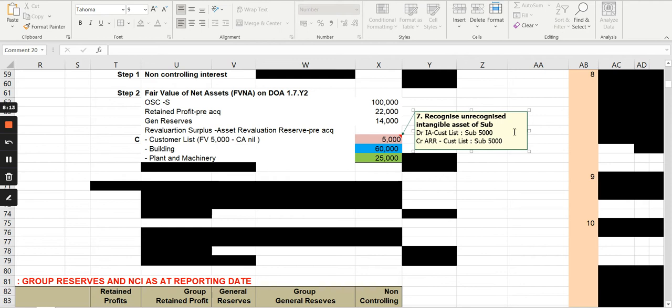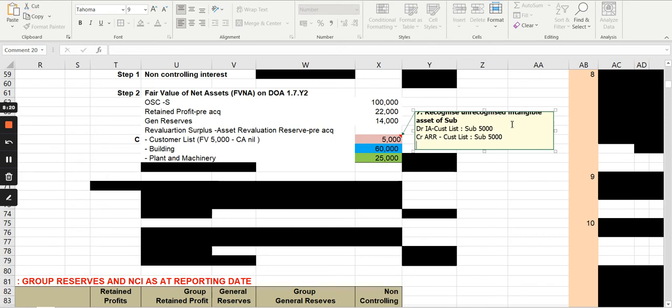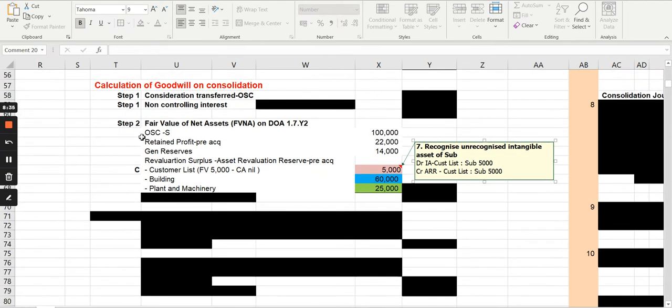You have to recognize the unrecognized customer list, an intangible asset. It can also be brand, trademark, patent, or anything that is not yet recognized and now you need to fair value them.